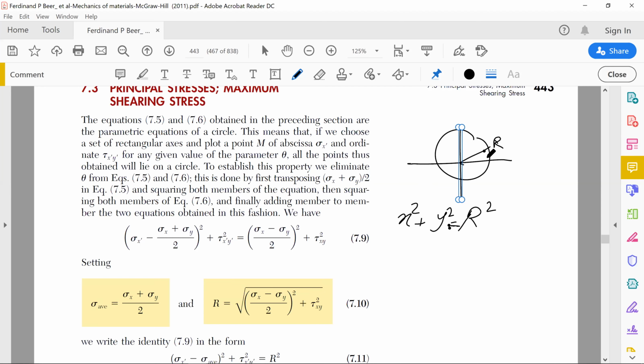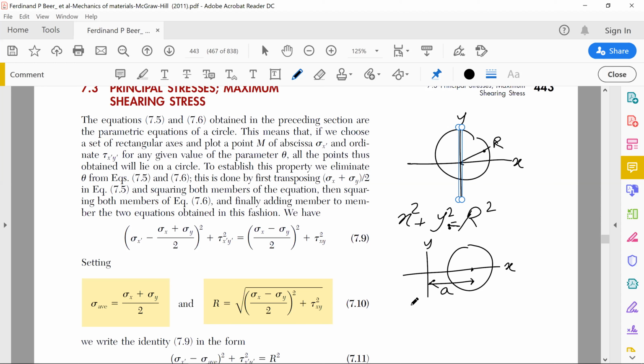This is R. And what happens if I shift this circle to any position A? This is x and this is y, and again, this is x and this is y.